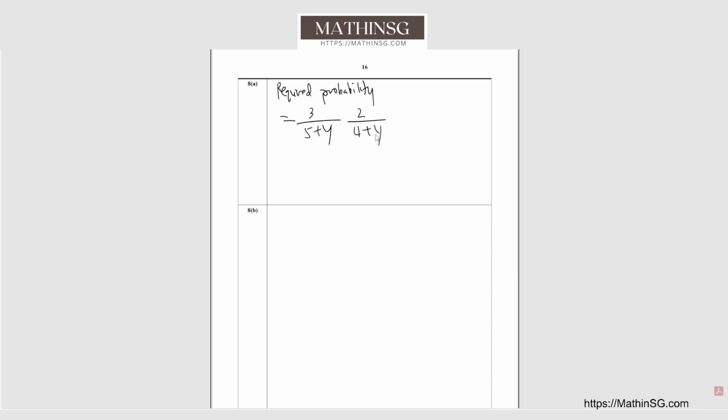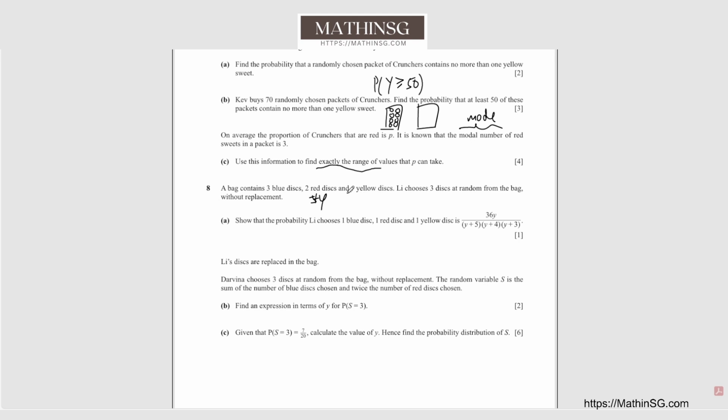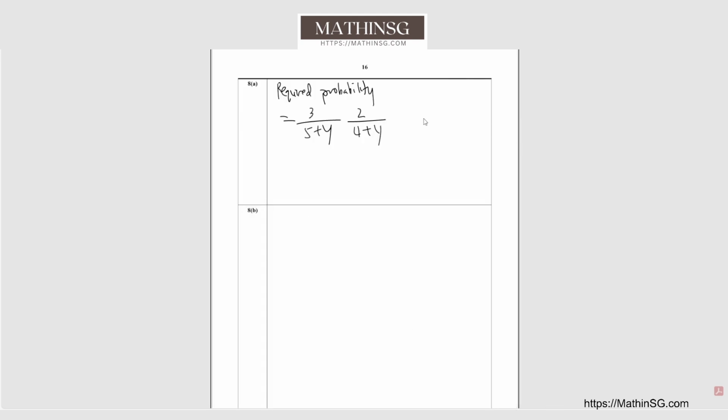Why is it 4 plus y and no longer 5 plus y? Because once you have chosen one disc, there is one less disc. So the number of discs now becomes 4 plus y. Now you have y yellow discs left, and the probability of choosing a yellow disc will be y over 3 plus y.